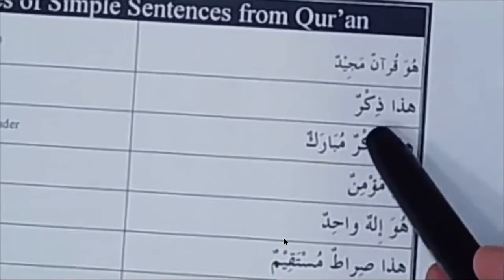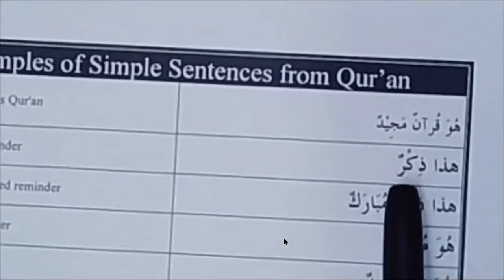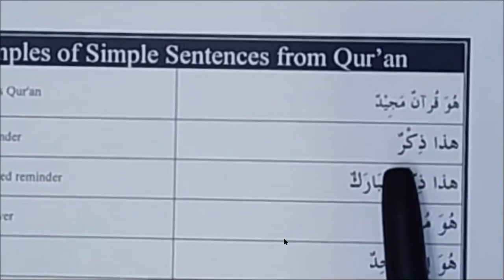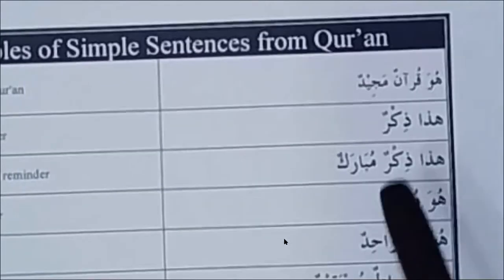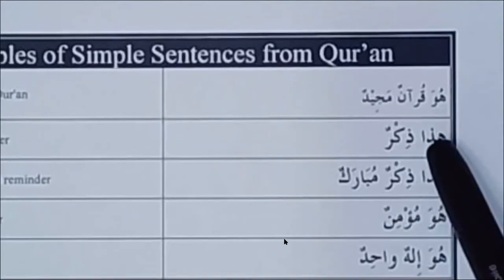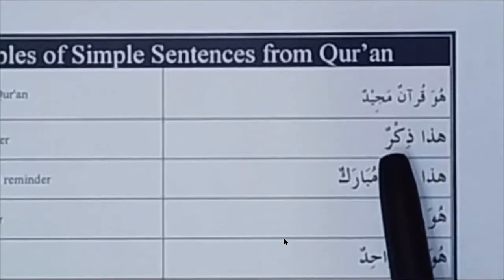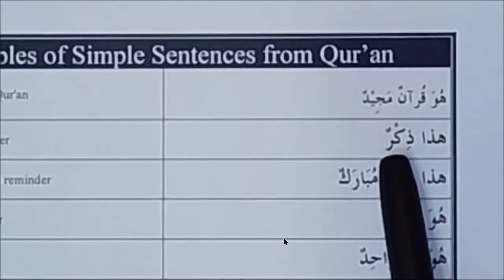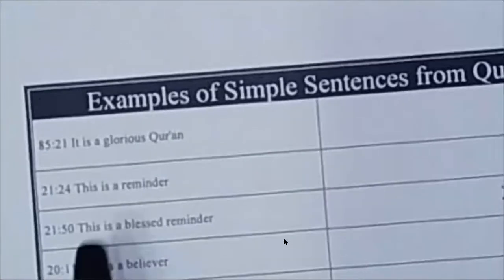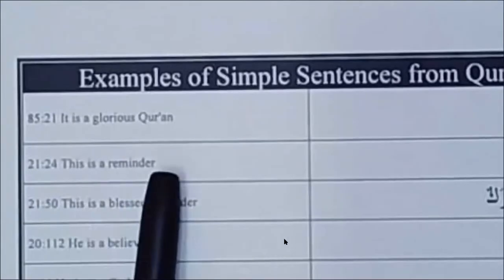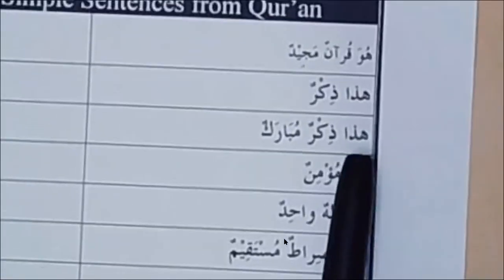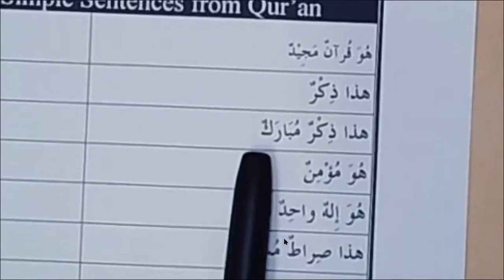Is zikrun marifa or nakira? Nakira. So it is rafa. Haza is already rafa and zikrun is rafa. So what is the translation of this? This is a reminder. Look at this, haza zikrun mubarakun.